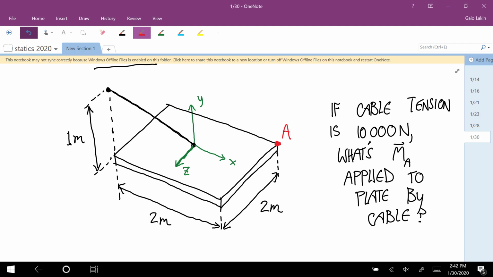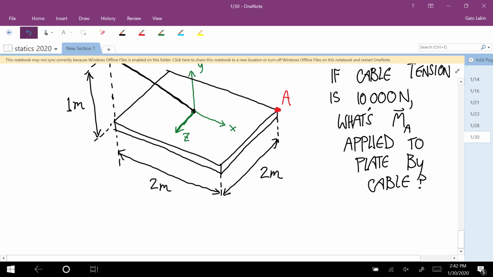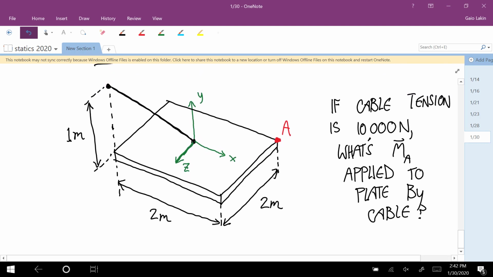So we'll set up the table the same way, but in 3D there's more stuff to think about. Okay, so first let's figure out the force vector. What process are we going to follow to come up with that force vector? We know that the magnitude is 10,000 newtons.